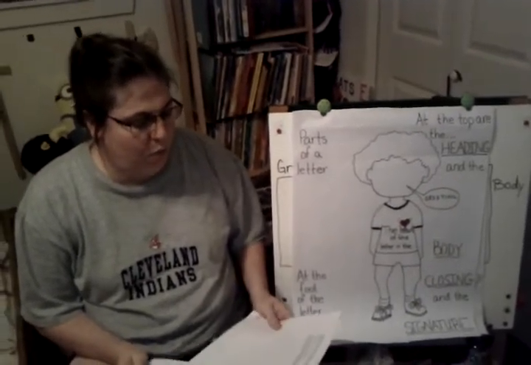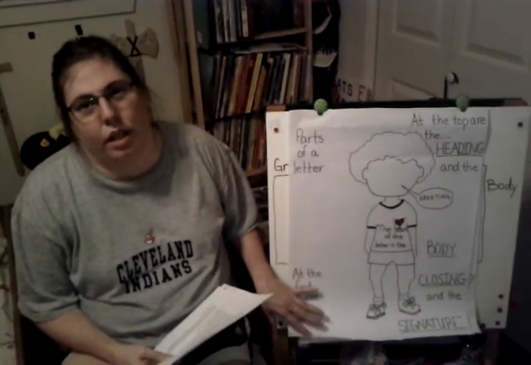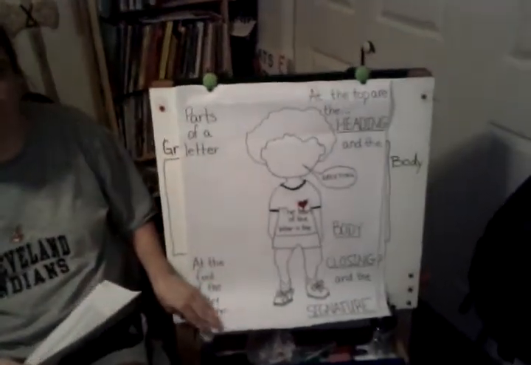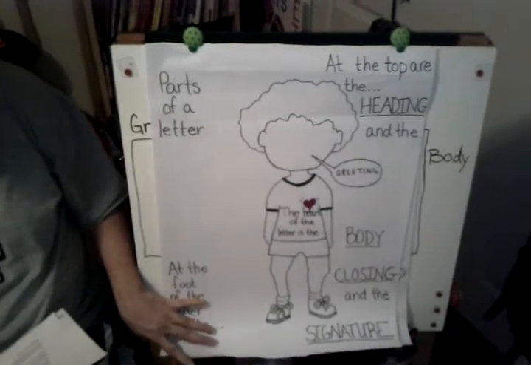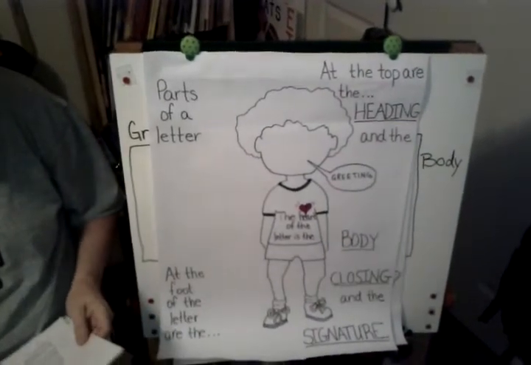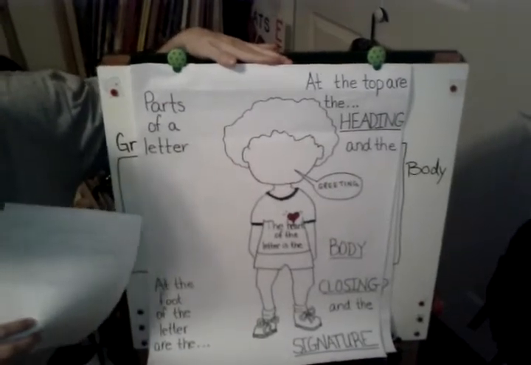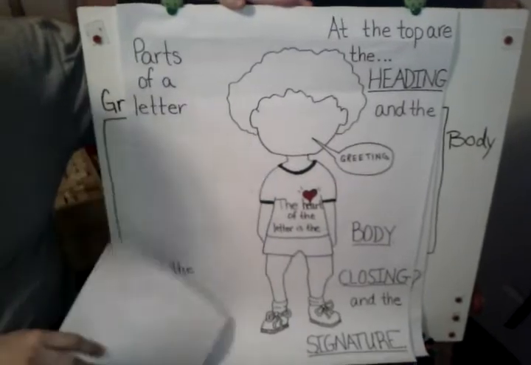And so what I did here is I want to be up in front of the class on an overhead projector with something like this, but since I don't have that, I tried to get everything down here on paper. And I chose this to help the kids see that the parts of a letter is kind of like our body.